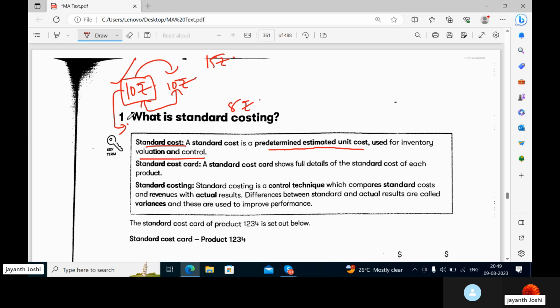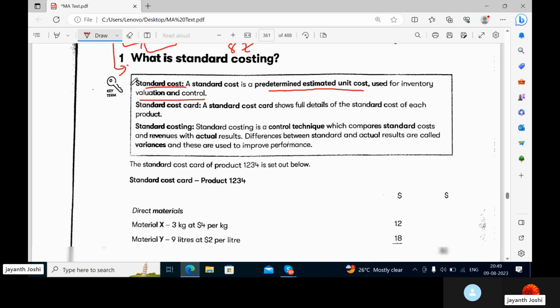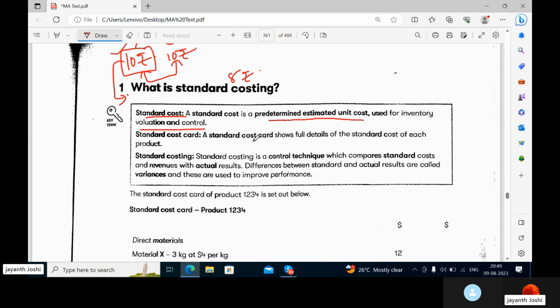Okay, now let us see what a standard cost card is. A standard cost card shows full details of the standard cost of each product. We have just discussed that standard cost is the cost which you estimate for a product. How will you estimate the cost of a product? What kind of cost are you going to take into consideration for finding out the standard cost of a product?